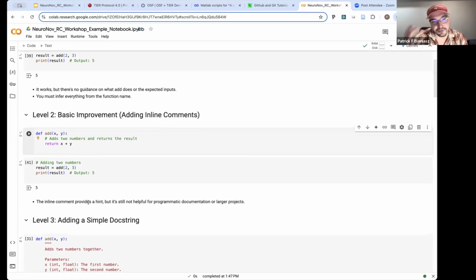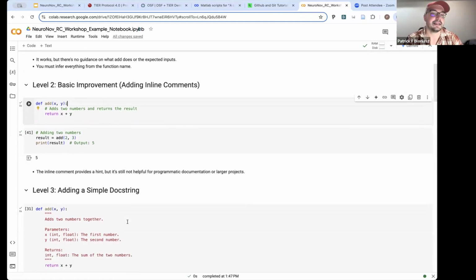The inline comment is just providing a hint, though, and it's not actually helpful documentation. If we have much more complicated functions, or projects with many different functions interacting with each other, we want to give people information to accurately interact with the function.